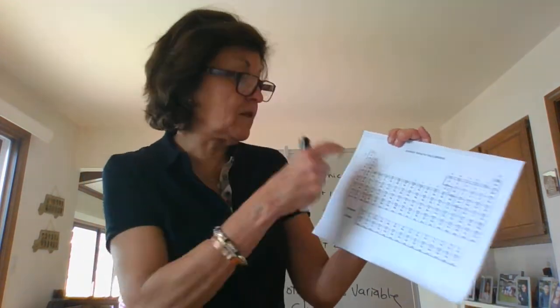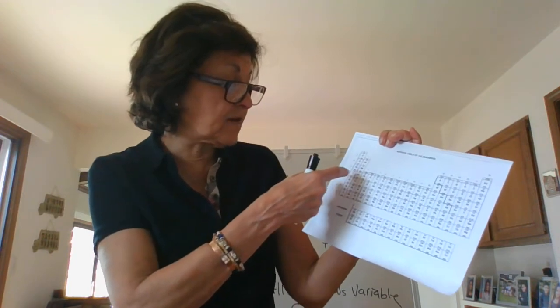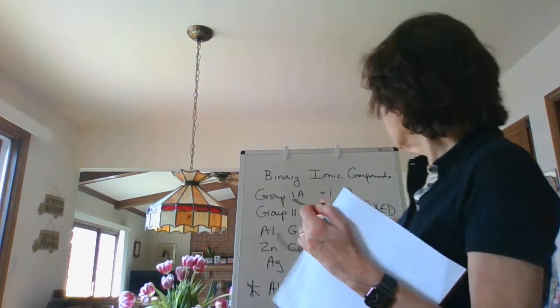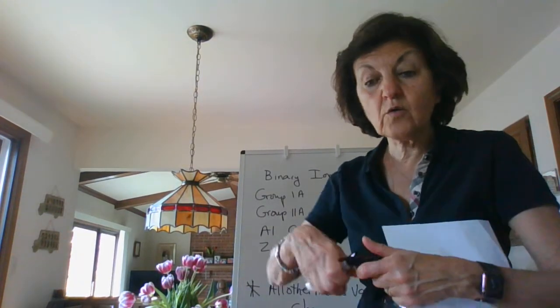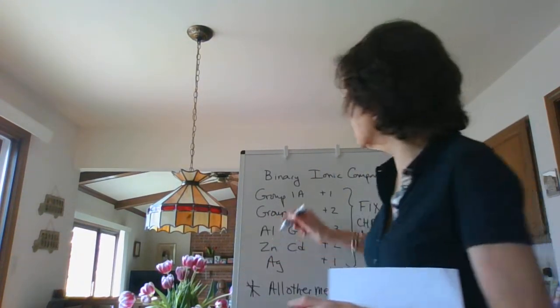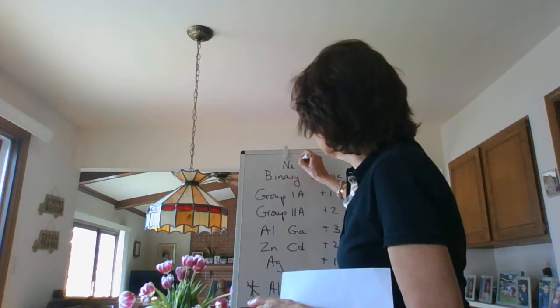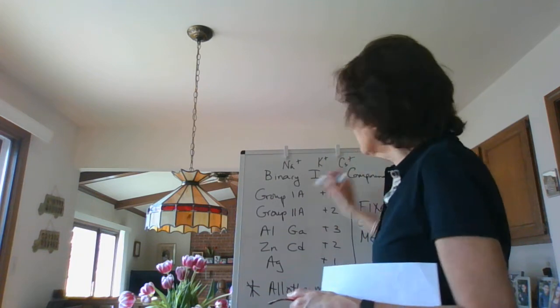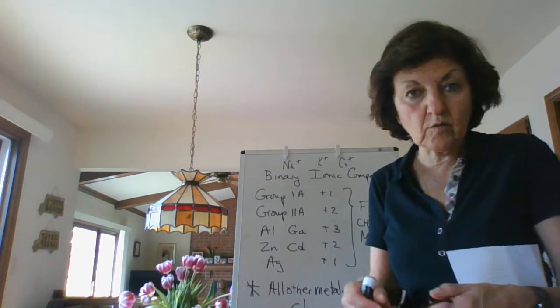So starting from lithium, sodium, potassium, rubidium, cesium, all of group 1A, what do they have? They have a charge of +1. So anytime you have a sodium ion, it'll be +1. A potassium ion, +1. Cesium ion, +1. And you don't show the 1.